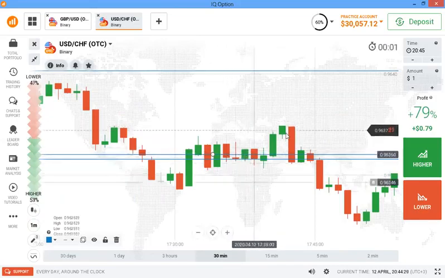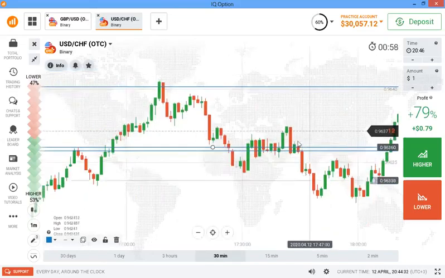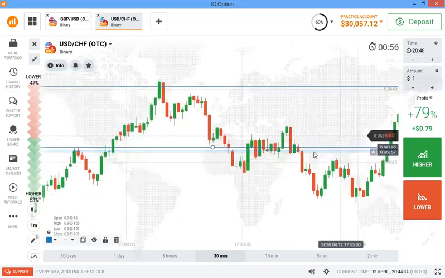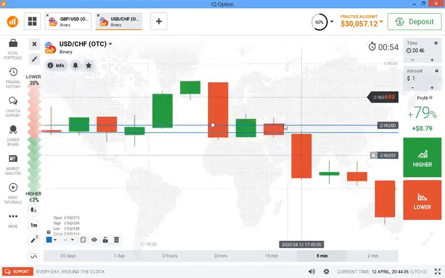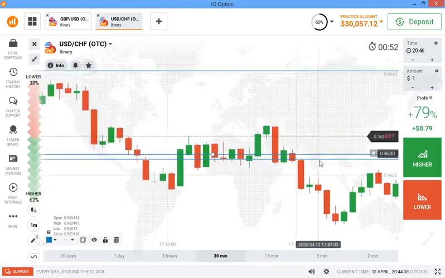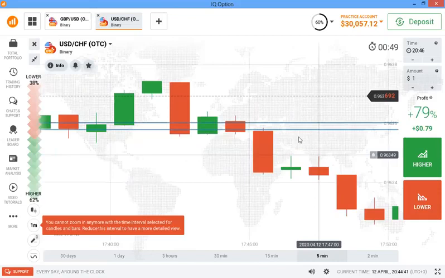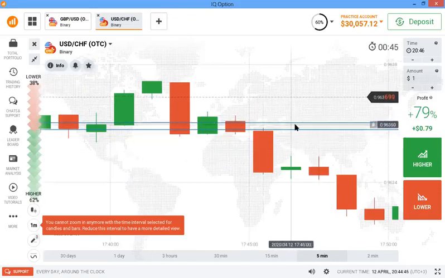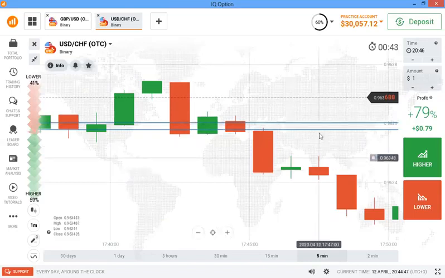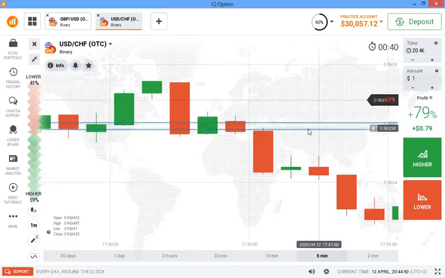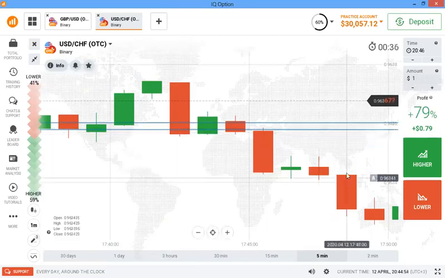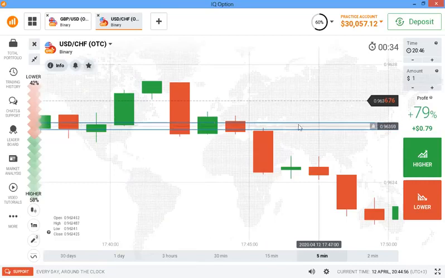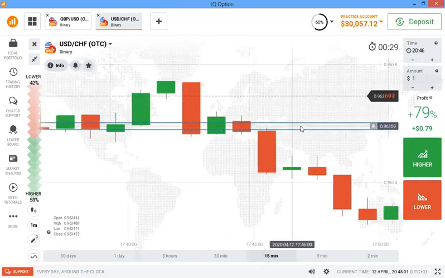So if buyers come to this level, that is when sellers break the level and buyers come to this level, you can see here, the sellers already break the level. So if buyers come to this level and close inside this area, it's rejection, you place put. But if we close below this line here, even though with rejection, don't place put. It should close inside this with rejection, then you place put.